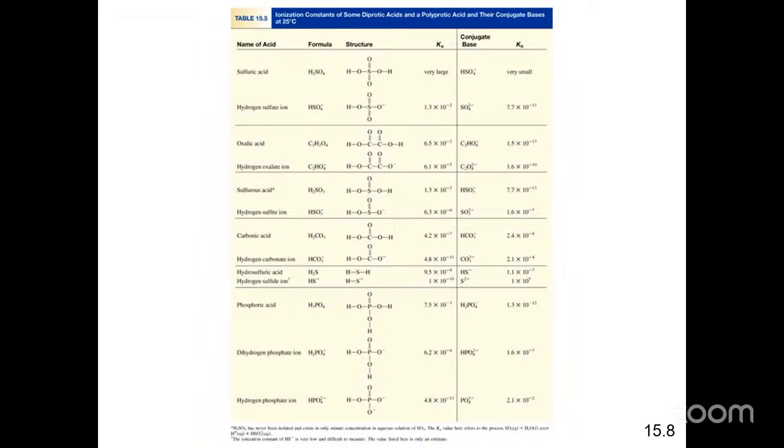So basically, there's kind of like an inverse relationship between Ka and Kb, right? Ka for the acid and the Kb for its conjugate base. The higher the Ka value, the lower will be the Kb value, and vice versa. So if the acid is strong, then the conjugate base will be weak, and vice versa, right? And that's because the product of those two values is equal to a constant, which is Kw.